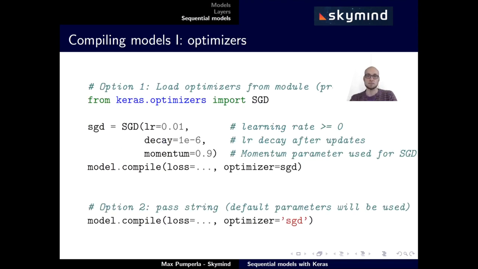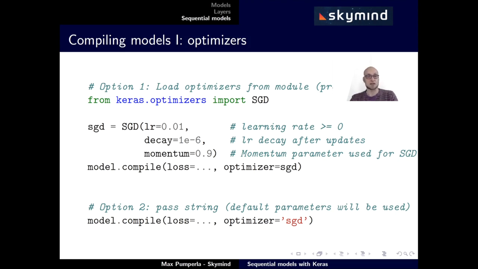Okay. To define an optimizer, again, there's two ways of doing this. The first and preferred way for us is you import a specific optimizer from the Keras optimizers submodule. In this case, we import stochastic gradient descent as SGD.